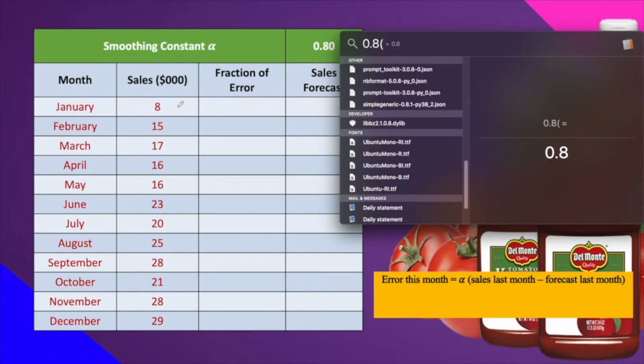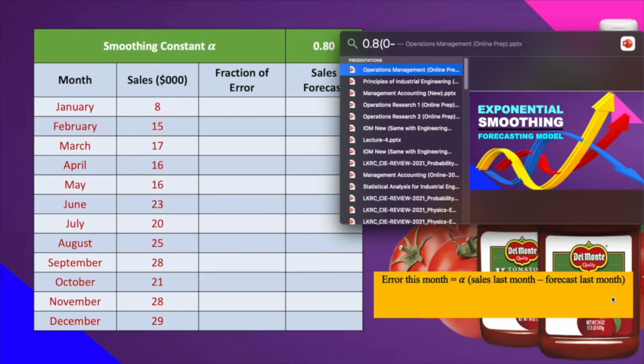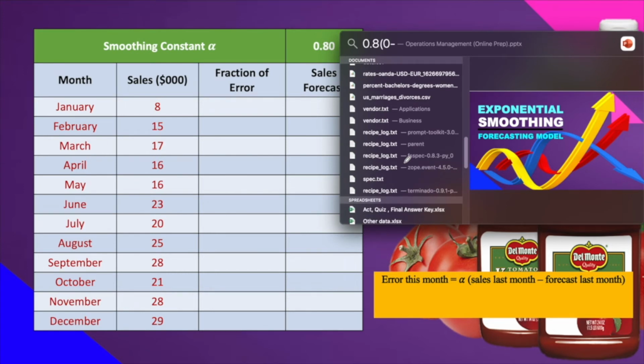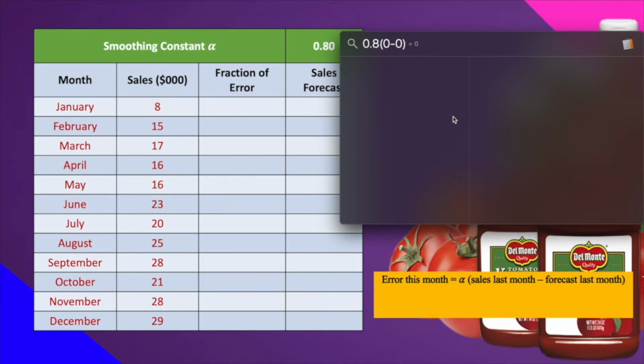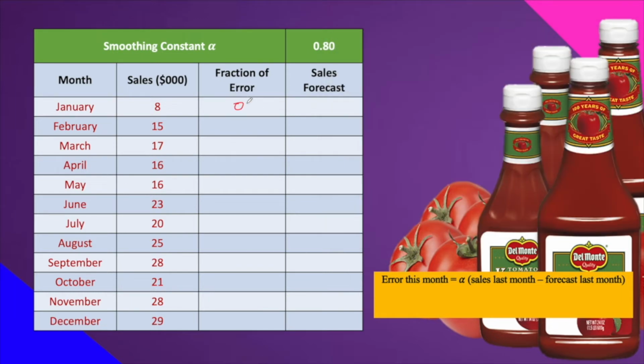So, meaning to say, this will be 0 minus our forecast last month. Do we also have our forecast last month? Guys, so we don't have our forecast last month. Meaning to say, 0 po tayo dito. And this will actually give us an answer of 0. So, our fraction of error for the first month is 0.